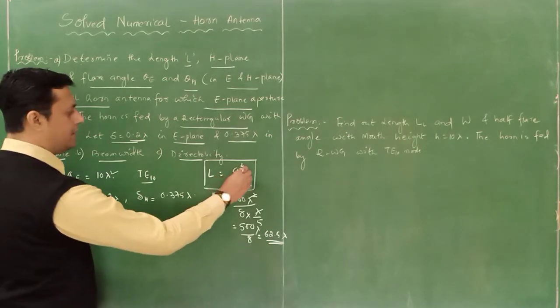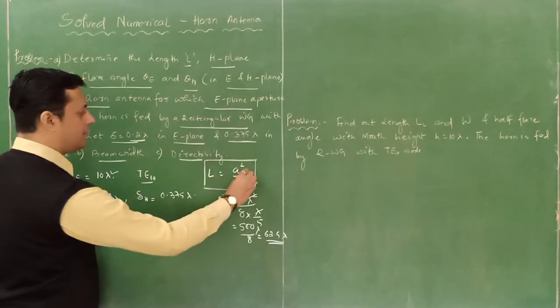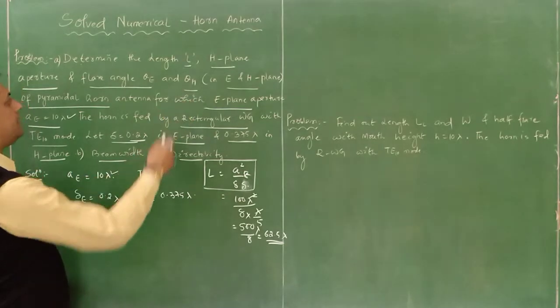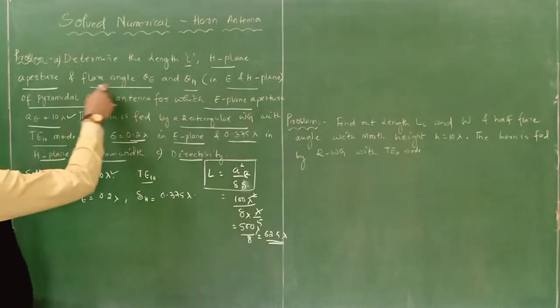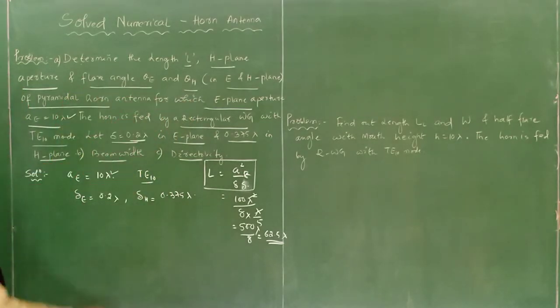So like this we have to calculate. Here I have considered A suffix E, the aperture, because the flaring angle is given and the aperture is given as 10 lambda.